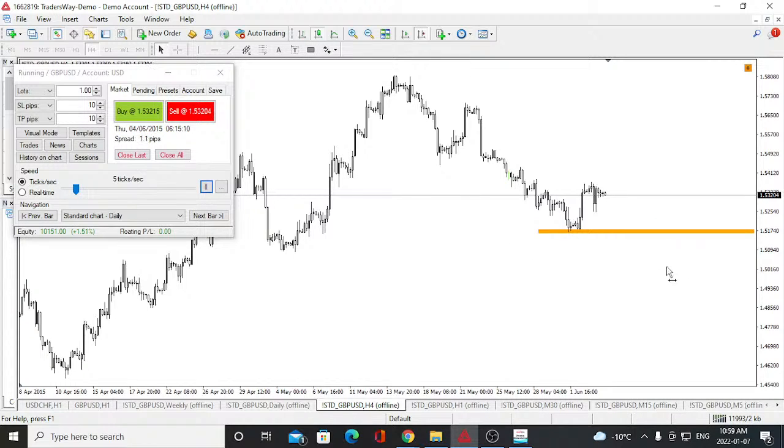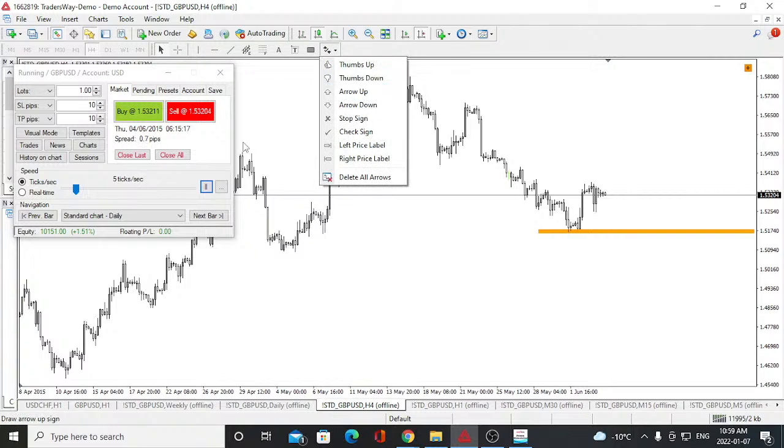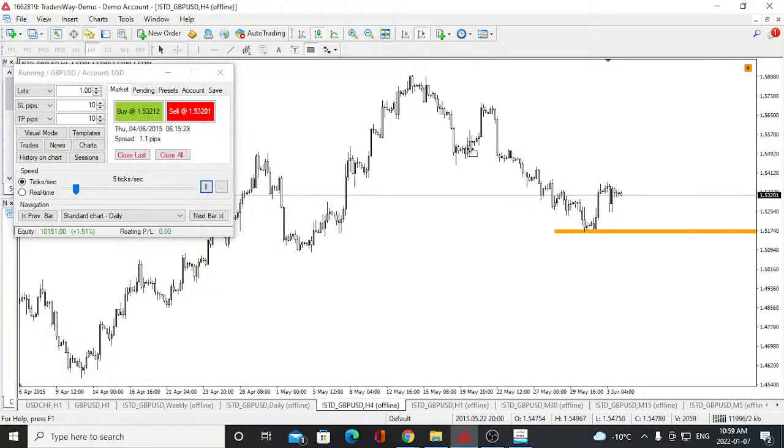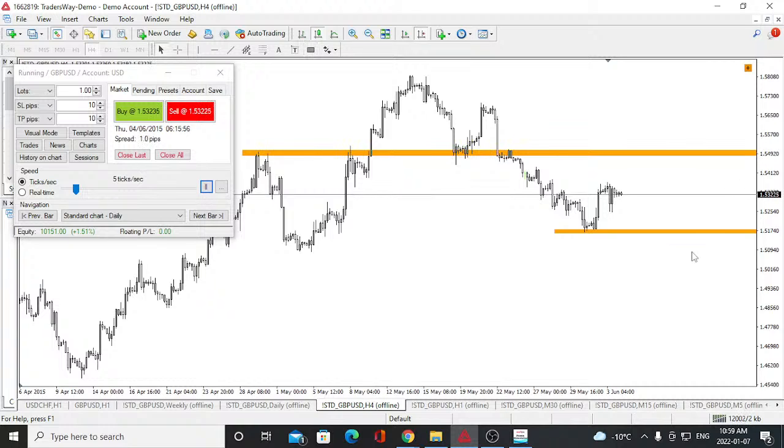On the 4-hour, this looks like a good place for price to want to retrace to. And then also on the 4-hour, just looking to the left here, I can see another place of resistance that price might want to just come back up to.